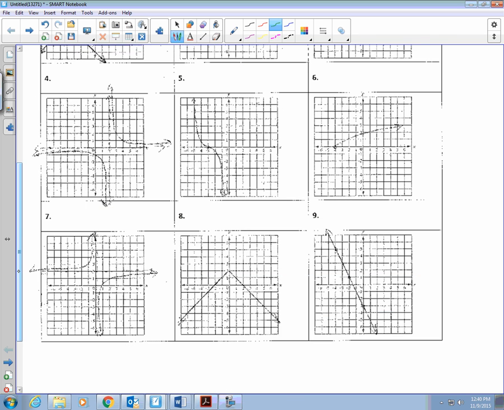Number 4, what's the parent function for that? Very good. It's a reciprocal function, y equals 1 over x. How is this different than its parent function? 2 to the right. So it's just going to be y equals 1 over x minus 2.